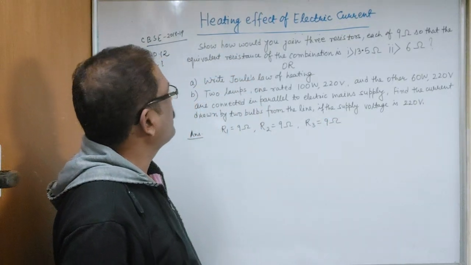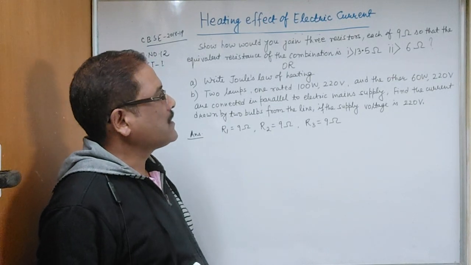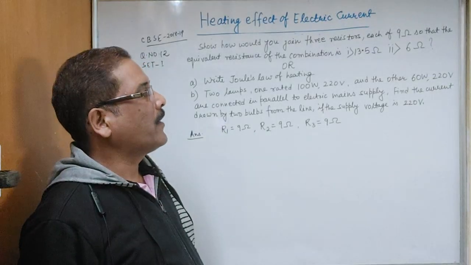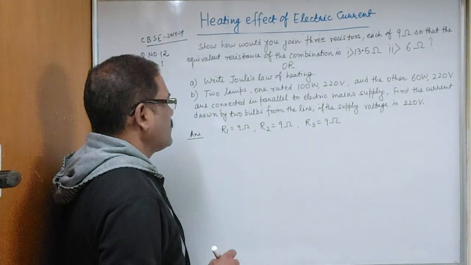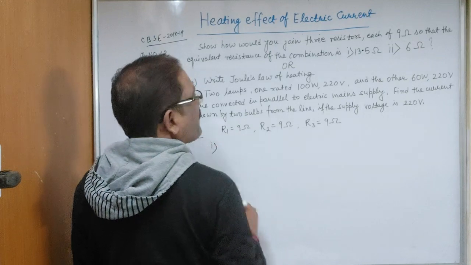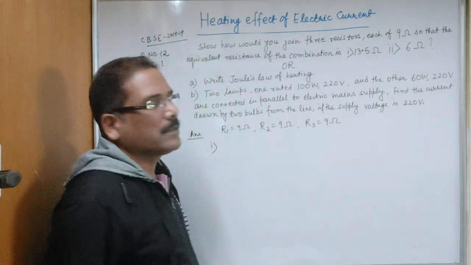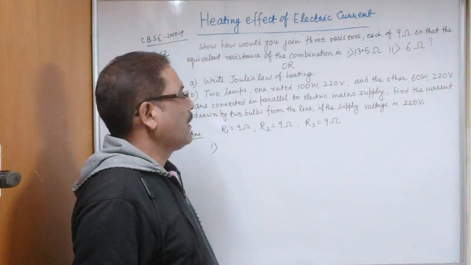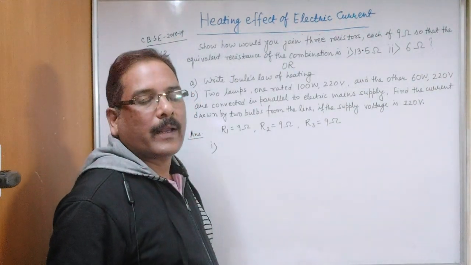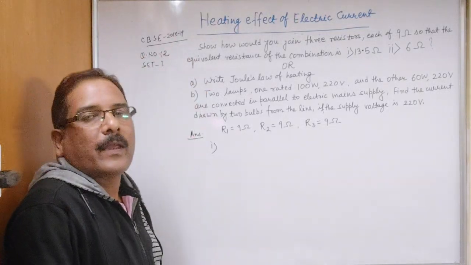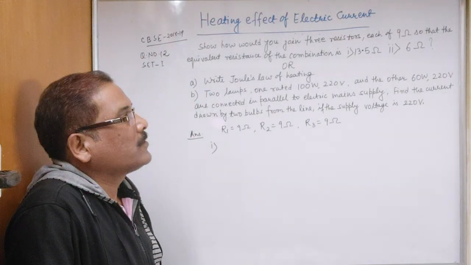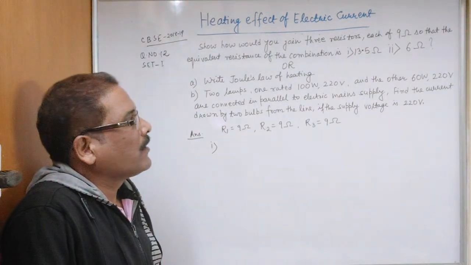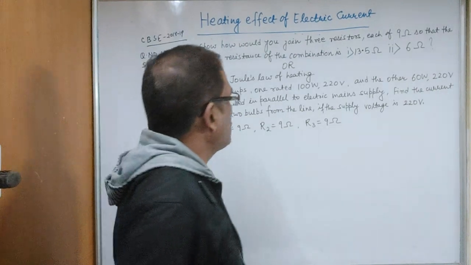Now we have to connect the resistors in such a way that equivalent resistance is 13.5 ohm. So think about it. If you connect in series, then it will be 27. If you connect in parallel, then 1 by 9, 1 by 9, 1 by 9, it should be 3 by 9. So 3 ohm. So it must be a mixture of series and parallel. So how to connect the resistors?